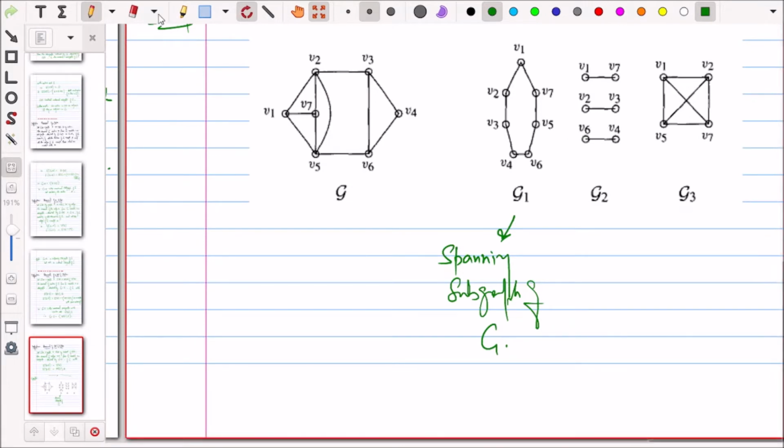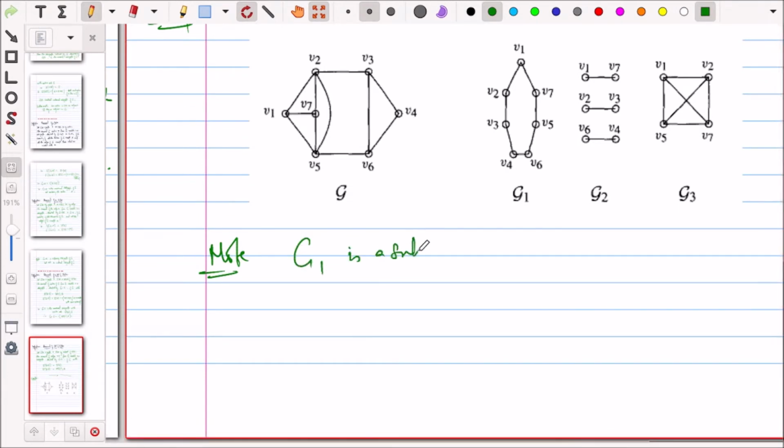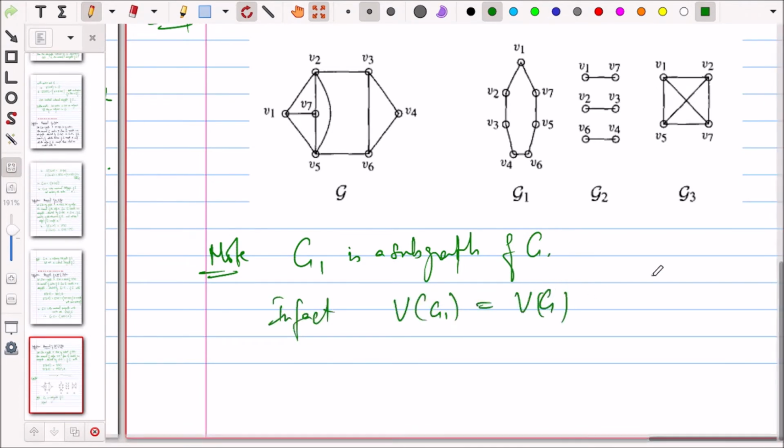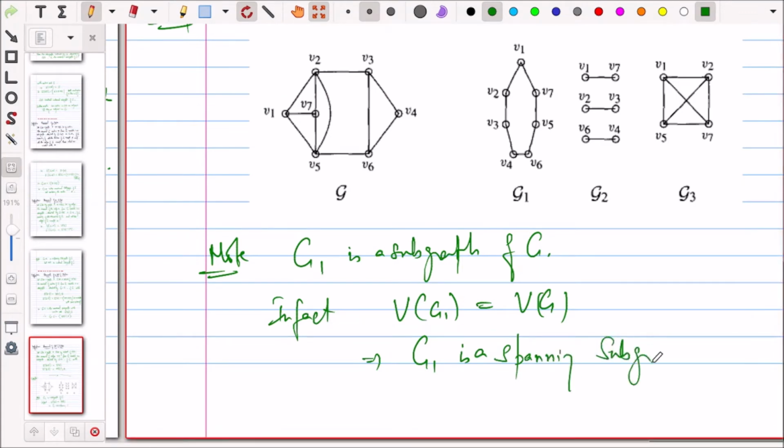So let us write proper reasoning also. Note that G1 is a subgraph of G. In fact, VG1 is equal to VG. So this implies G1 is a spanning subgraph of G, right?